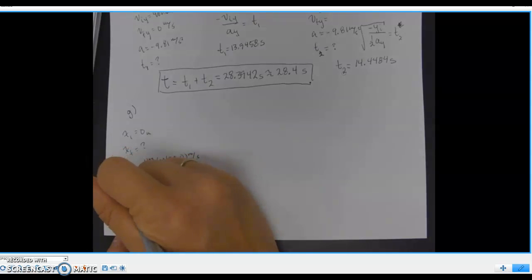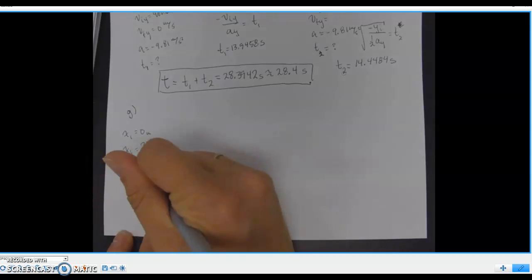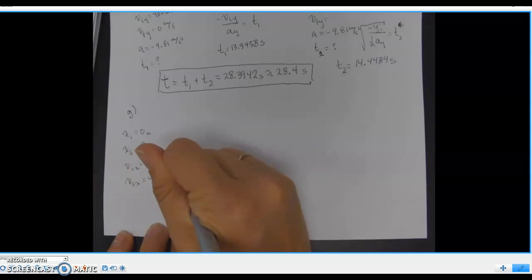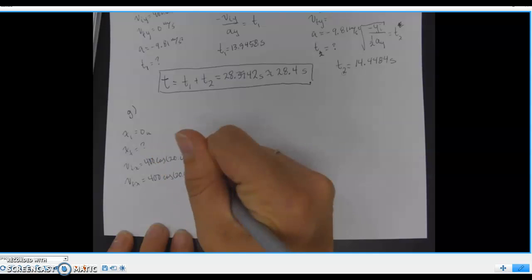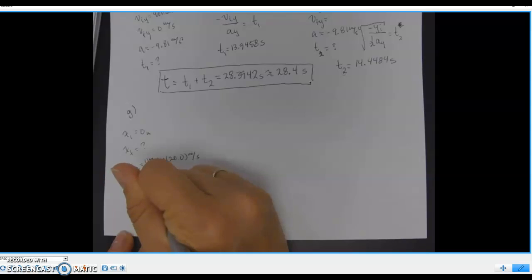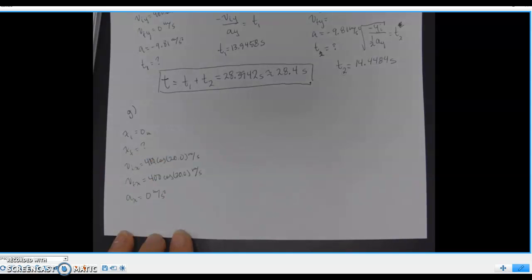The velocity final in the x direction is the same as the initial because the acceleration is 0. There's no change in velocity, okay?